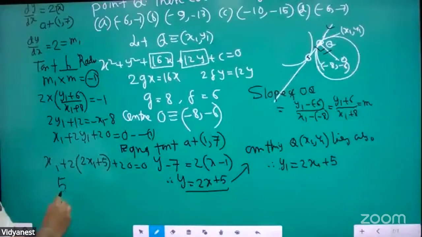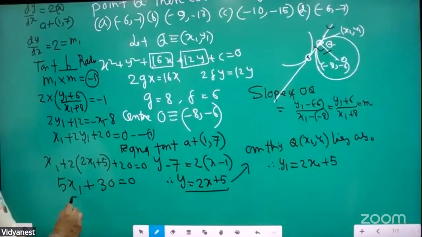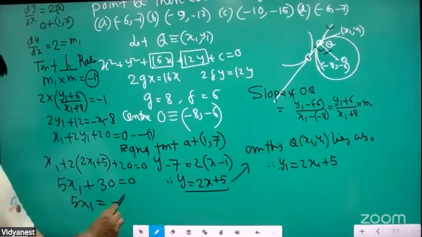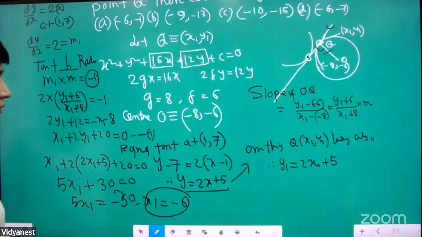That means 5x1 plus 30 is equal to 0. 5x1 is equal to minus 30. x1 is equal to minus 6.